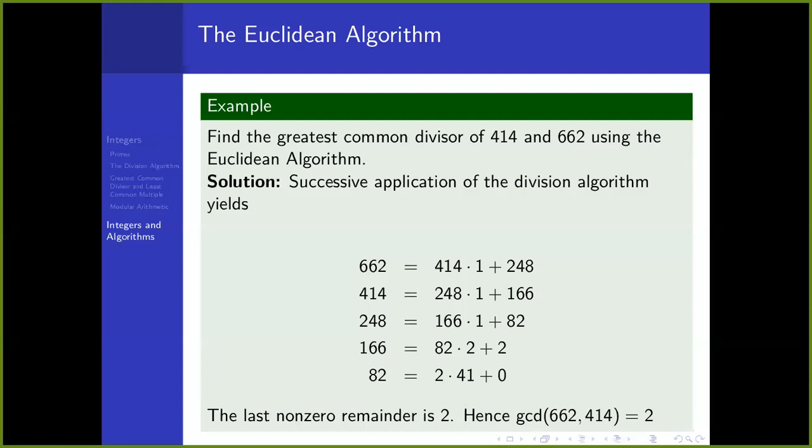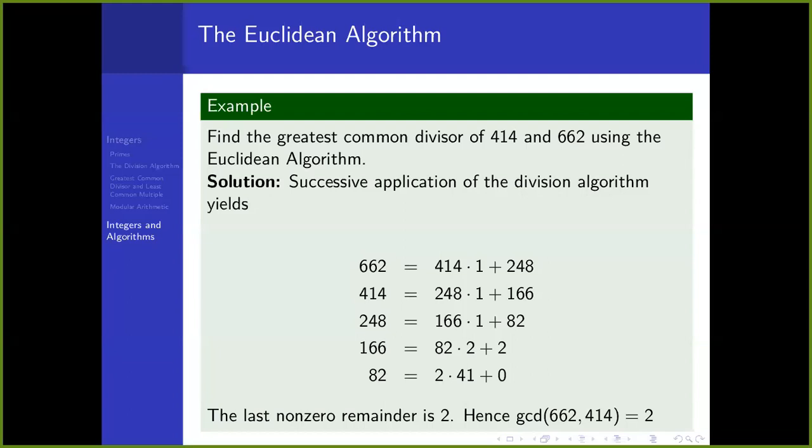The next step is to apply this to the two smaller numbers, 414 and 248. We have 414 is 248 times 1 plus 166. We repeat the same step for 248 and 166, and 248 is equal to 166 multiplied by 1 plus 82.